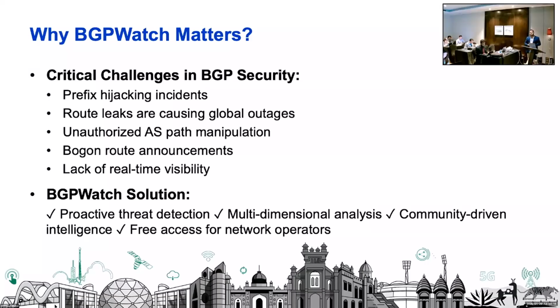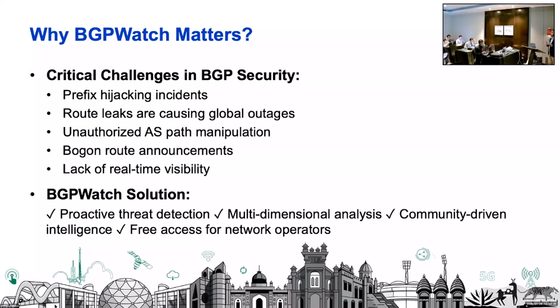Then there is unauthorized AS path manipulation. Hijackers add some AS path to manipulate the path to take some traffic. And bogon route announcements. You all know bogon routes.